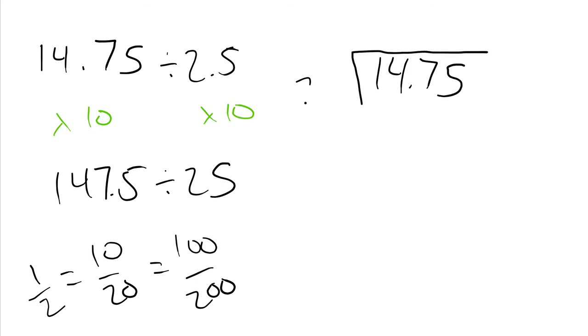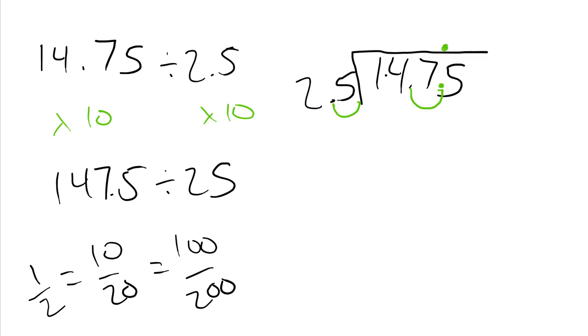And we're going to divide that by 2.5. Now, this is what we do. We start with our divisor, what we're dividing by, right? We have to move it over one spot. Now we have a whole number here, 25. So we go here and move it over 1. This is where our decimal now is. So we're now doing 147.5 divided by 25.